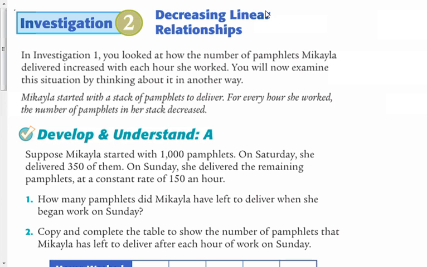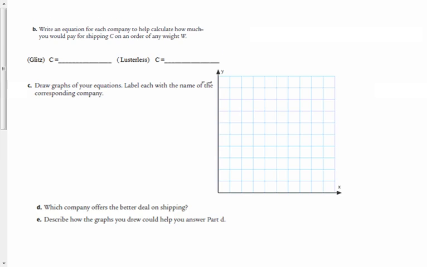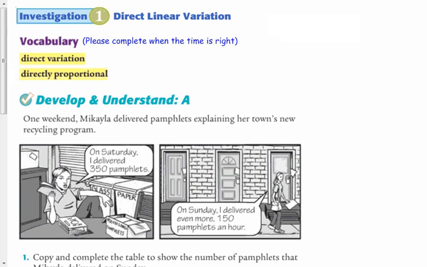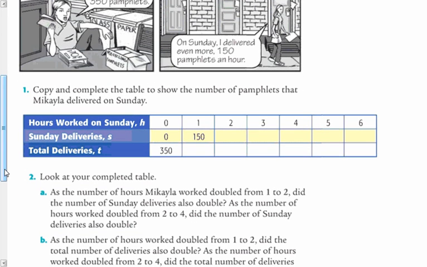Yesterday we did a situation where Michaela was delivering pamphlets at a rate of 150 per hour, and that's this situation. Every hour on Sunday she had delivered 150 more, so these numbers keep going up by 150.